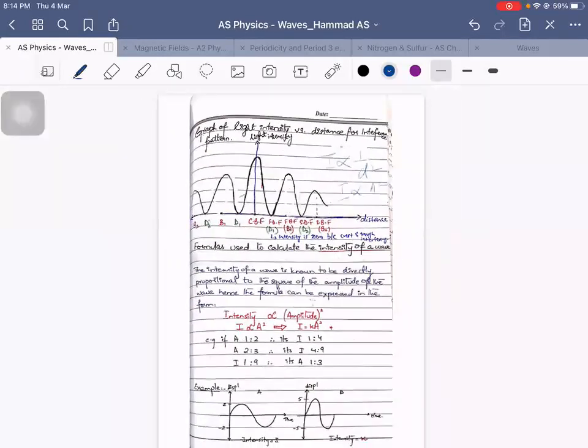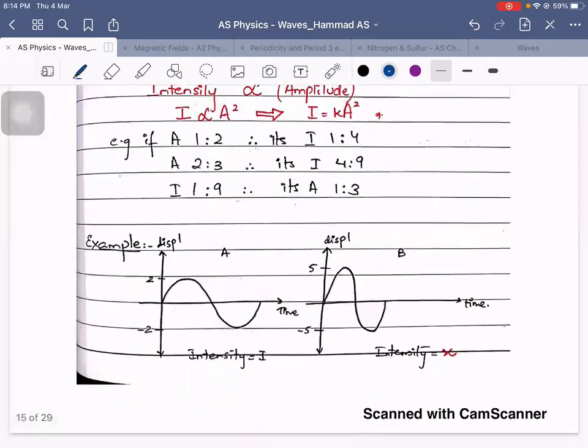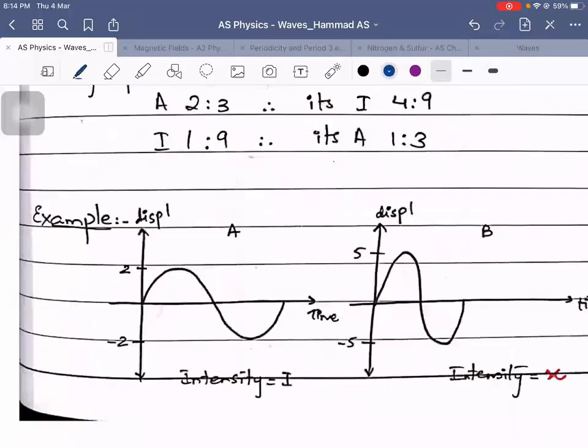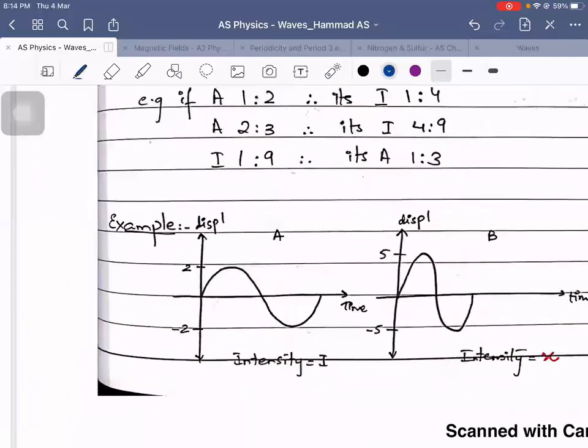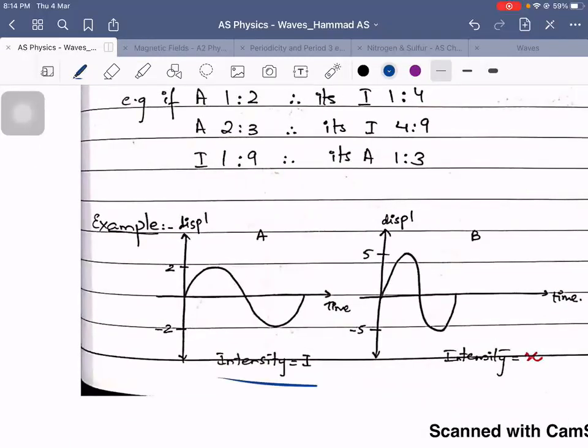Let's say, for example, I were given two waves, one is wave A, having an amplitude of 2 and has an intensity of I. You are asked to calculate the intensity of wave B in terms of I. So using this, you can check off that intensity is the square of amplitude.